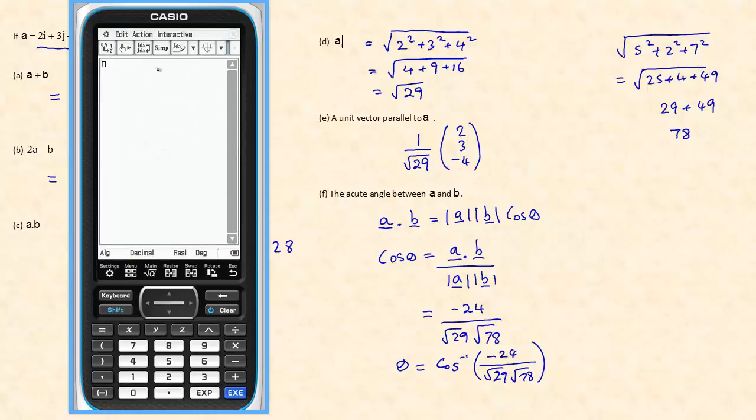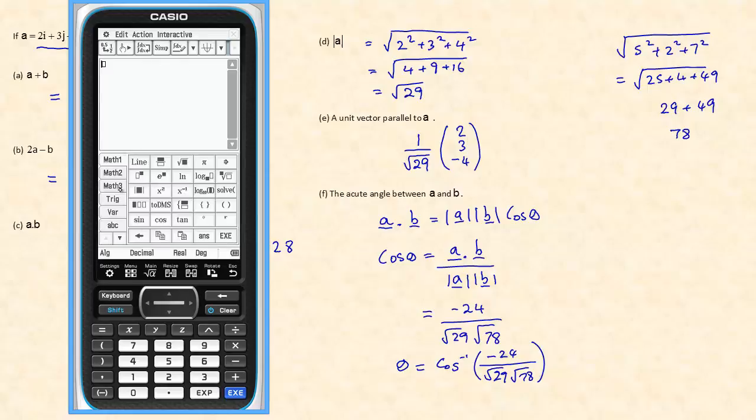So we want the inverse cosine, which we'll find in trig, and we want negative 24 over the square root of 29, and we can just do the multiplication inside this square root, multiplied by 78, close the bracket, and that gives me 120.3 degrees.